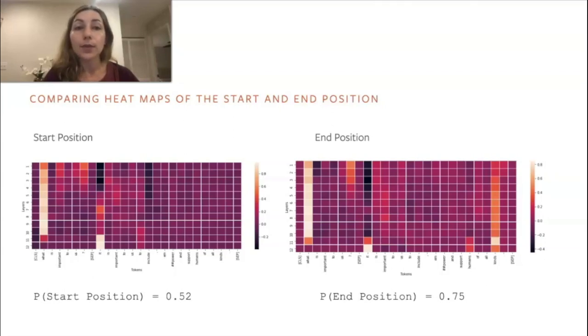For end position prediction, we can clearly see that some tokens in the end of the text become more important, such as "humans" and "kinds". So this type of analysis helps us to understand how neuron importance changes from layer to layer, and potentially how it can be helpful to understand our models even better.